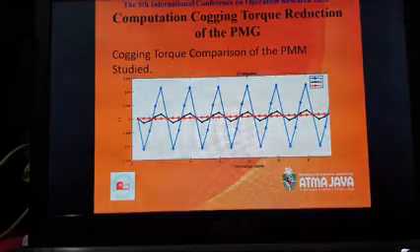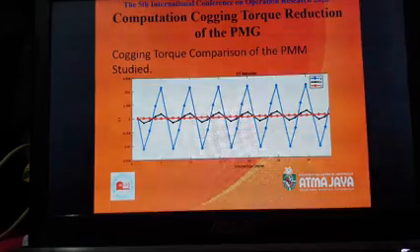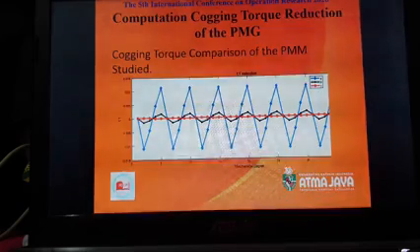The red line in the graph represents the magnet edge shaping combined with 3 dummy slots in the stator core, which has the highest CT reduction among the PMGs studied. Since the CT of the proposed PMG decreases, it could increase the performance of the machine.